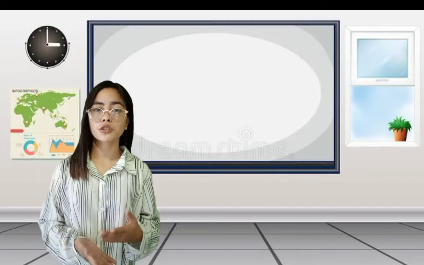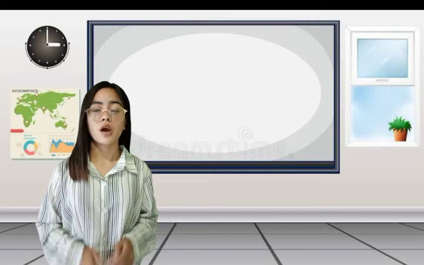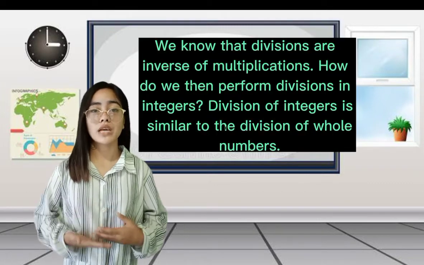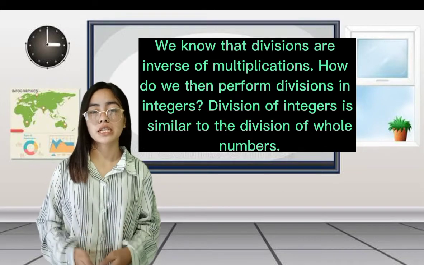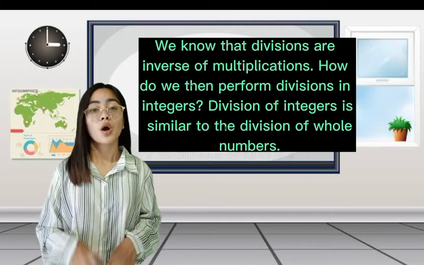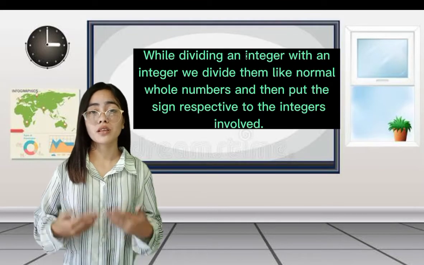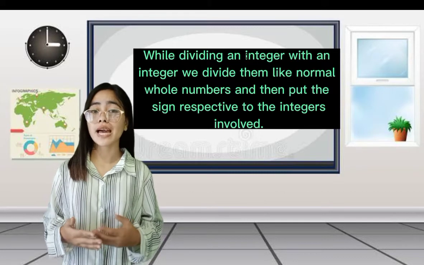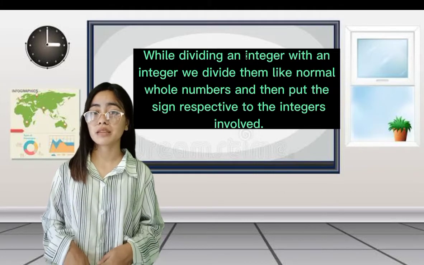Now, let's move on to division of integer numbers. We know that division is the inverse of multiplication. How do we then perform division in integers? Division of integers is similar to the division of whole numbers. While dividing an integer by an integer, we divide like normal whole numbers and then put the sign respective to the integers involved.